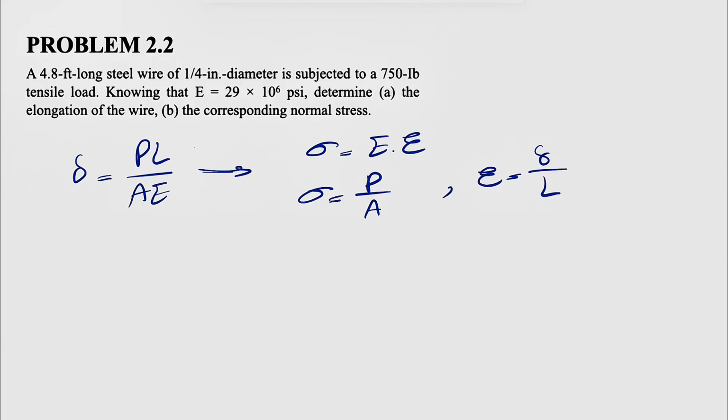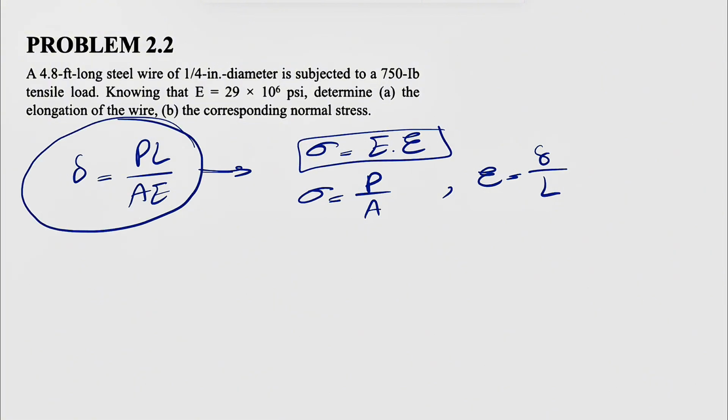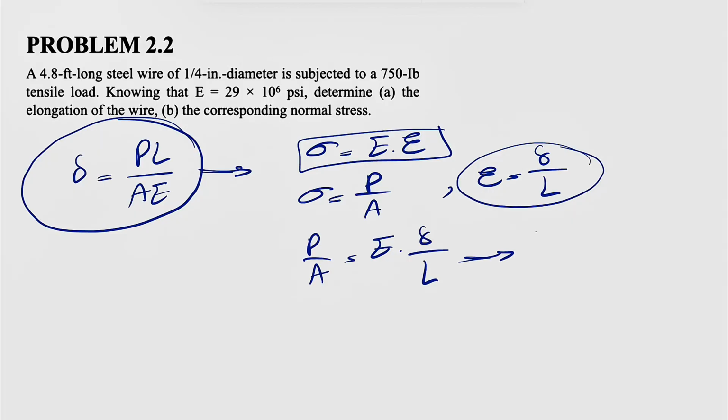If we do some rearrangement, instead of sigma we put P over A, and on the other side we have E times the strain, delta over L. If we just reshuffle this, we get PL over AE, which is the formula that we have.